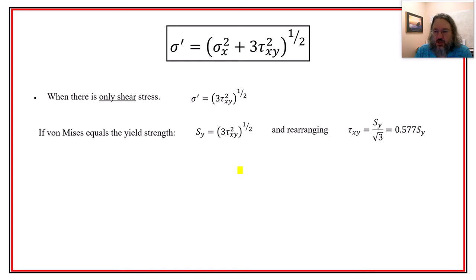So if we're rearranging this, this is the stress at which the thing yields right here. Well, we could just say instead that this is the shear yield strength, 0.577. And that's really just because it's the square root of 3 that came from this part right here. Maybe it would have been good to go through the algebra and show where that 3 comes from.